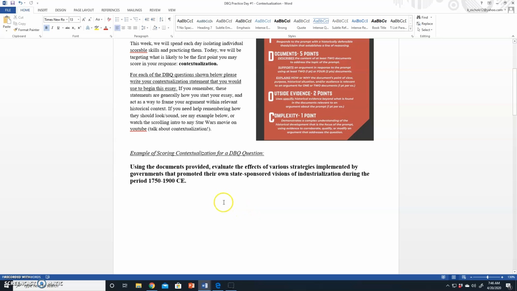But when I put it in my own words, the question to me becomes, what plan did governments put in place to gain an advantage with regards to industrialization?